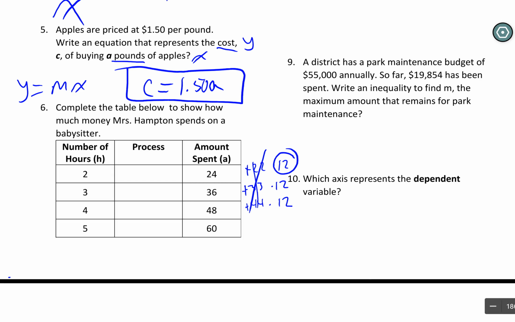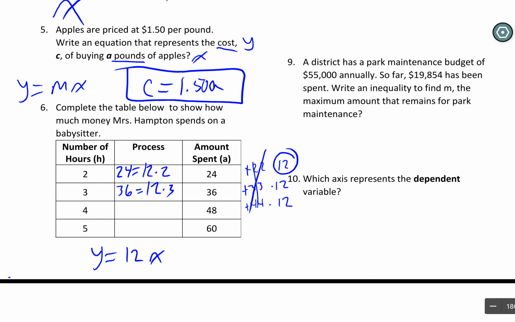multiplying by 12 is my constant, so it is multiplicative, and my m value is going to be 12. So let's see, it would be y equals 12x, and so my process to fill this in, my y is 24, so 24 equals 12 times 2, 36 equals 12 times 3, and so on and so forth.